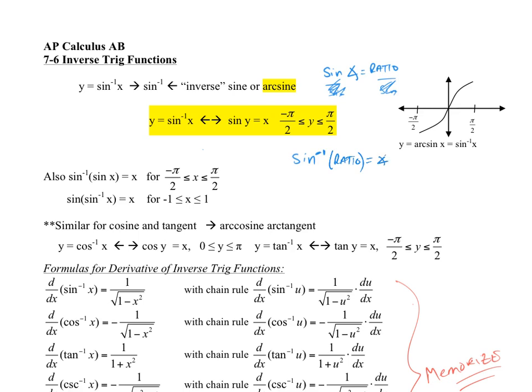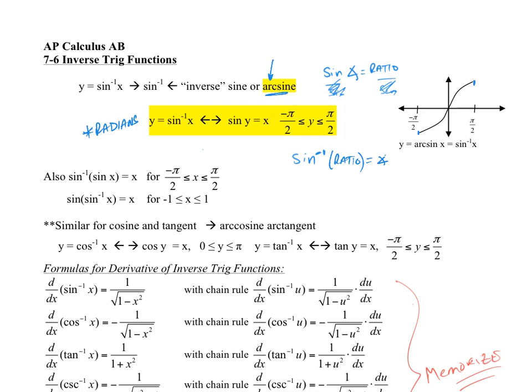Now remember, in calculus, we're always going to keep our angles in radians. But if you were to graph the inverse sine, you will see that it can only be graphed on the interval from negative pi over 2 to pi over 2. The other thing you need to be aware of, and they will state this on the top of every AP test, is we have this word called arc.